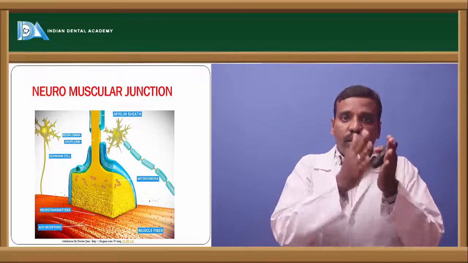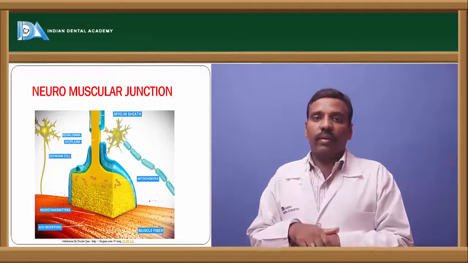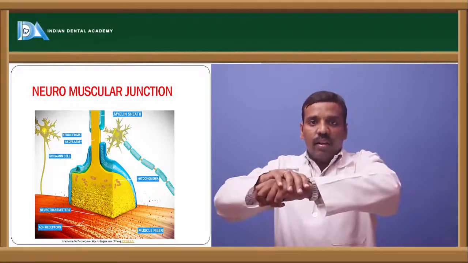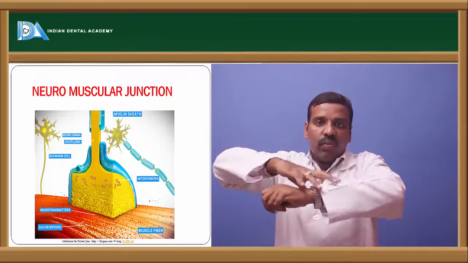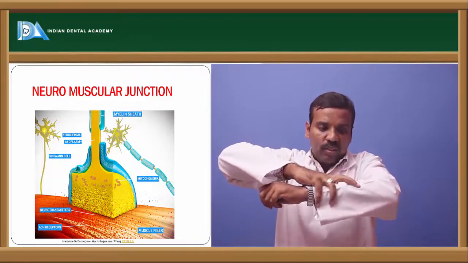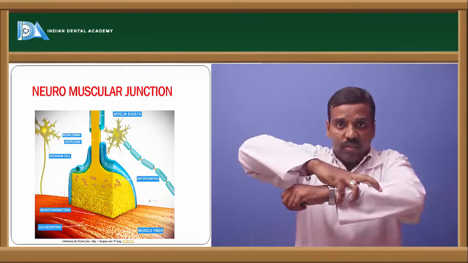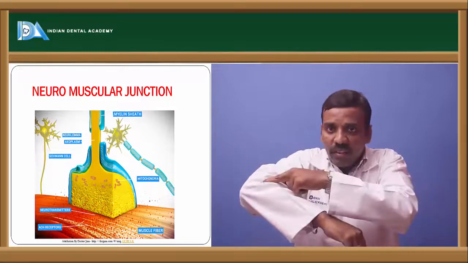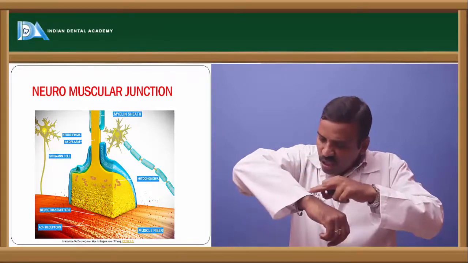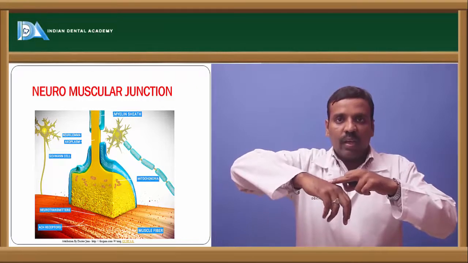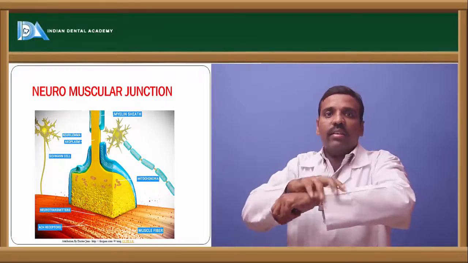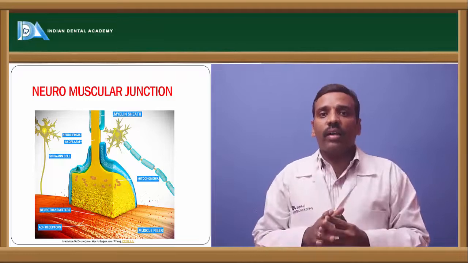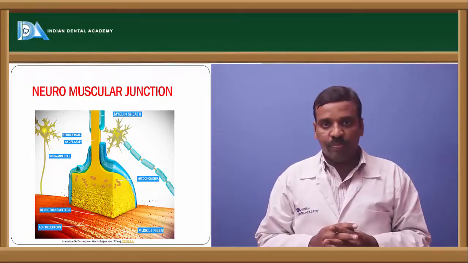If you see, this is a muscle, and this is the nerve fiber, and the muscle fiber binds with the nerve fiber like this. If we apply the stimulus here, the impulses pass through this and enter the muscle fiber, and then contraction occurs by the excitation.